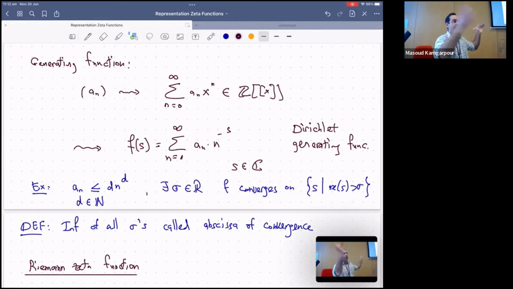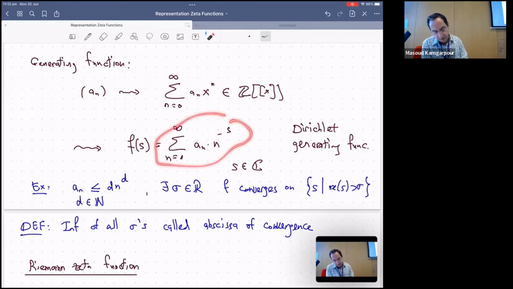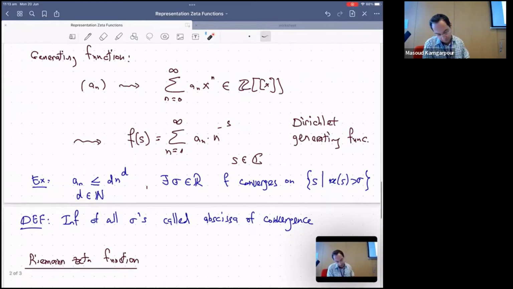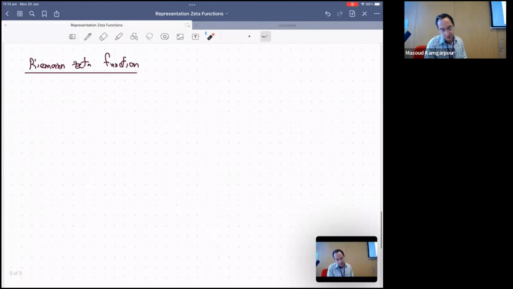You take an infinite amount of information and put it into one object, this generating function. And it turns out that you can extract very useful information about the sequence from that generating function, whether it's the Dirichlet series or the ordinary generating function. And here, for example, you can also capitalize on methods from complex analysis. And as you will see, or probably most of you already know, this is extremely useful.